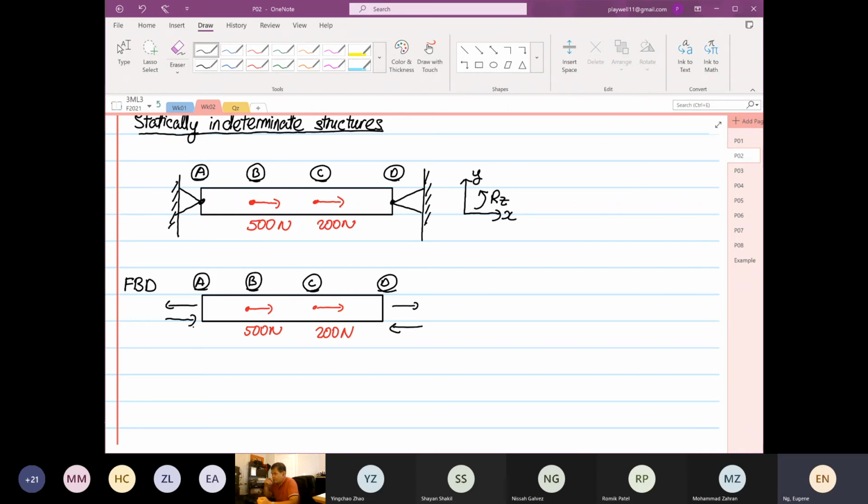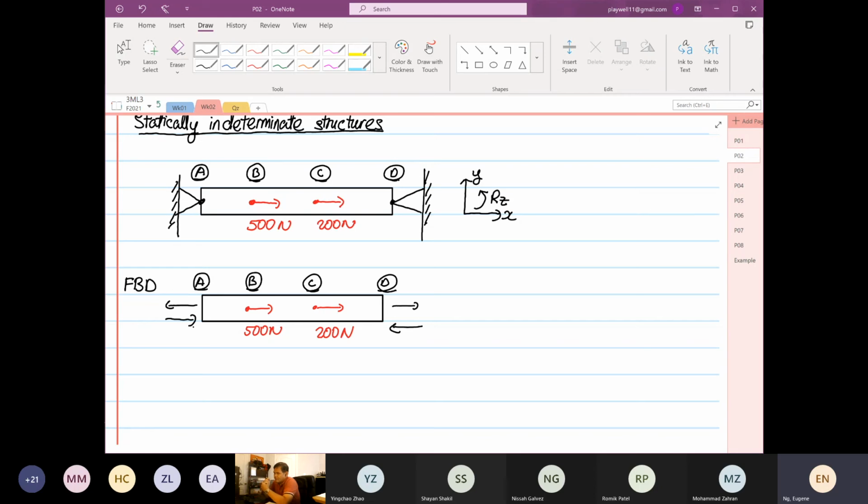Because I don't know about you, but for me, if I don't get the correct assumption of the reaction forces, I always have doubt. This is the very beginning of the analysis. If at the very beginning you get frustrated, you have no clue whether what you are solving is right or wrong. That is common for this problem.